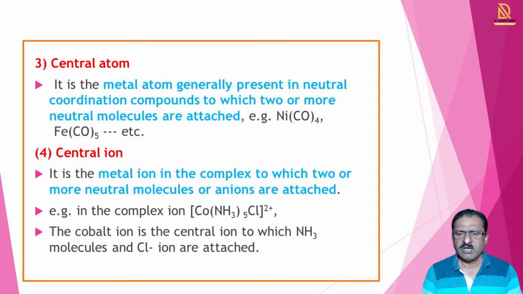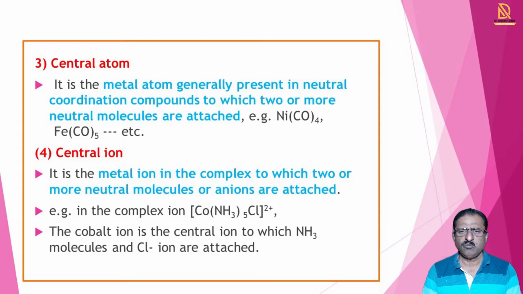The first example is Ni(CO)4. Here CO is a neutral molecule, and when a neutral ligand is attached to the metal, the charge on the metal is 0, meaning it is in the atomic state. Such an atom is called a central atom.